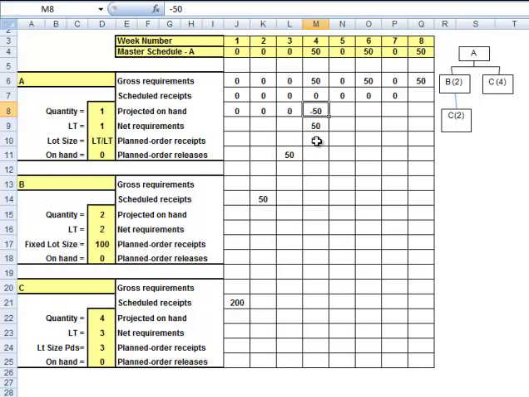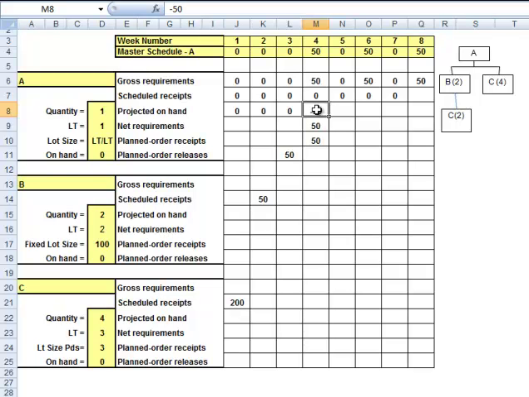Now, students, the way that I teach the MRP algorithm is a little different from your textbook. It's the way that I was taught a long time ago, and it's the way that I prefer to teach it. And the way that I prefer to teach it is I like to see in the projected on-hand inventory, whenever we go short, I like to see the negative number appear.